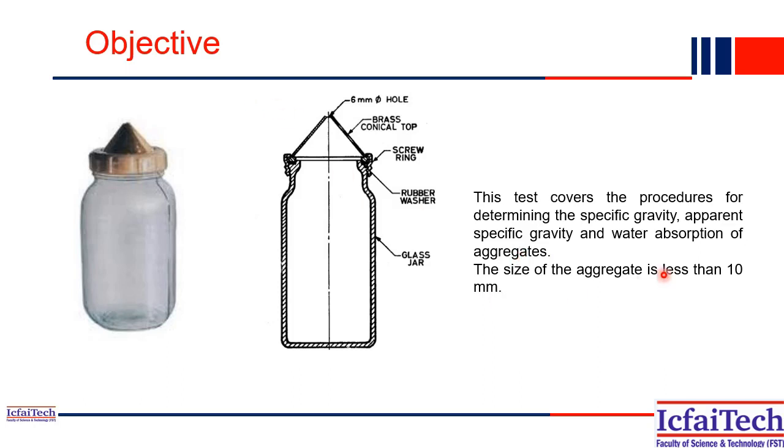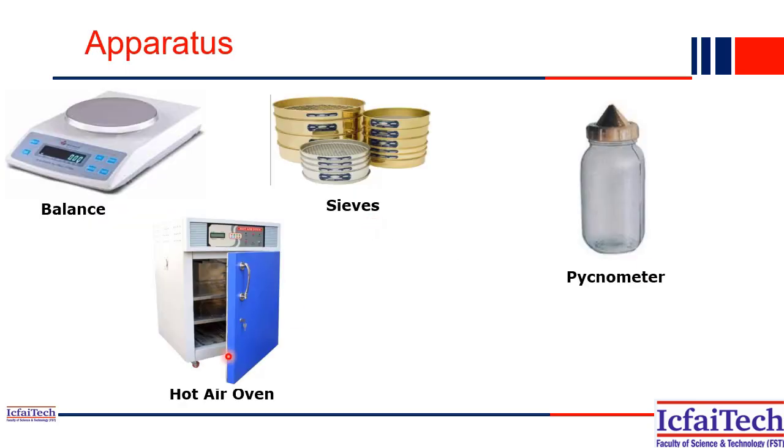Our objective in this experiment is to determine the specific gravity and water absorption of aggregate. The apparatus required is a balance, a sieve, the pycnometer setup, and a hot air oven. In the last lecture we used a similar setup, but additionally the elongation and flakiness index apparatus.